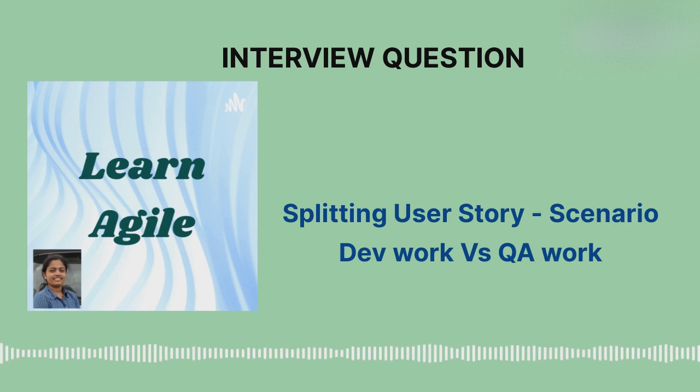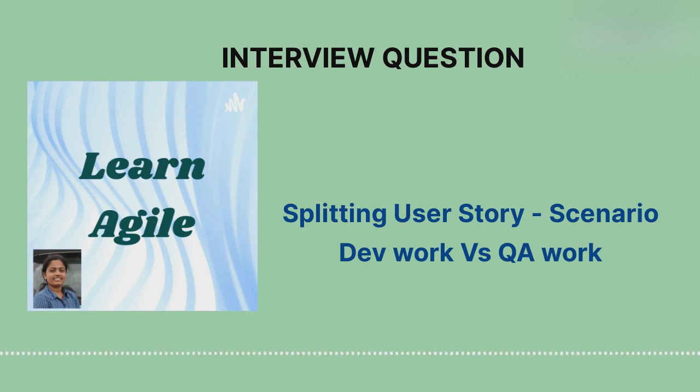I think this is a very interesting practical scenario that most of you would have already faced, or may be facing, when you have a story where the development effort or work is very minimum, and the testing effort or work is very huge.